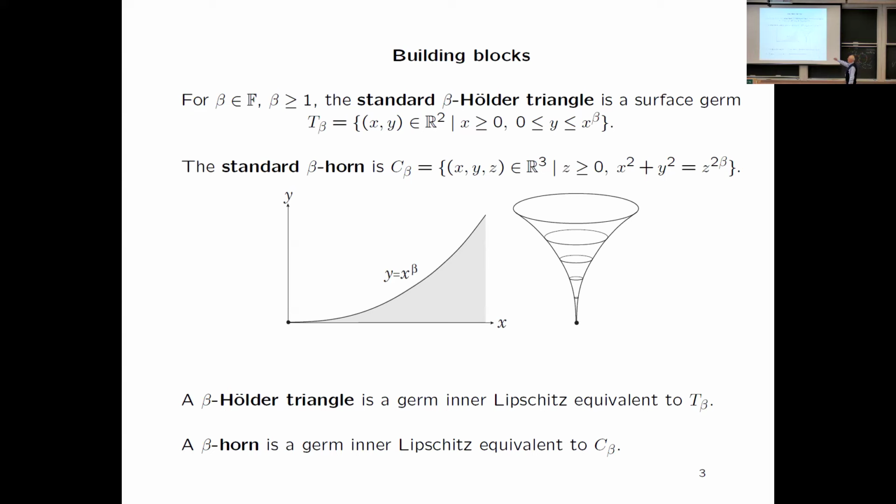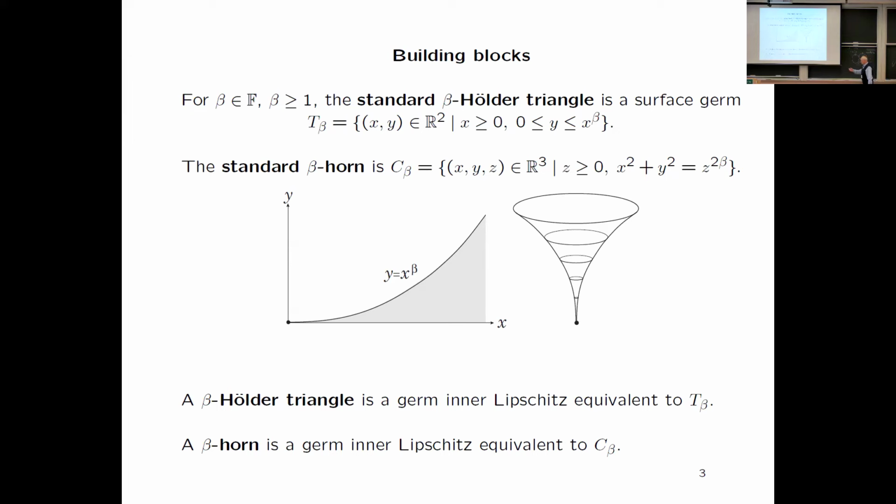Another important object is called the standard beta horn. Its link is topologically a circle, but you can think of the exponent as the dynamics of the link. The link is the intersection of the set with the sphere of radius epsilon, as epsilon goes to 0. Metrically, the link contracts with the exponent beta, and that would be a beta horn.